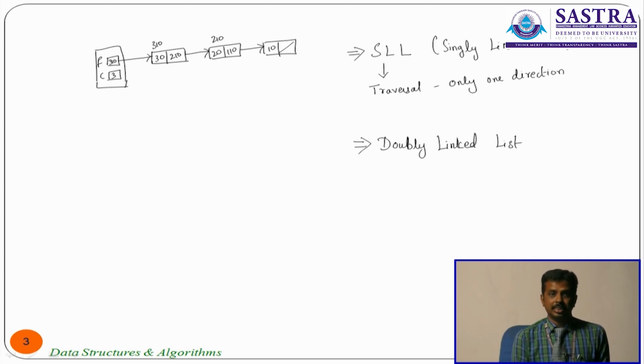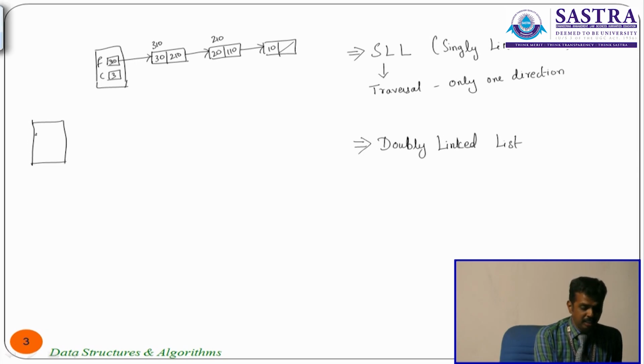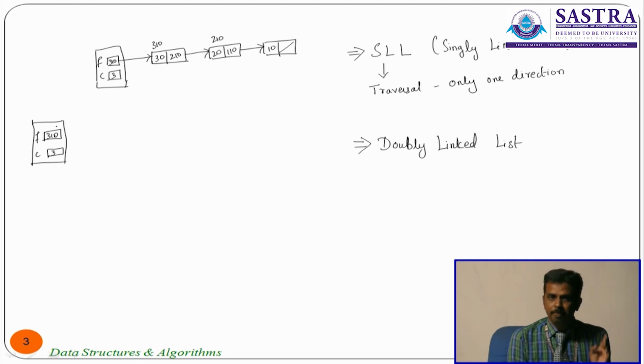So, we will see the structure of the doubly linked list. Again the same, the list contains two pieces of information, the address of the first node and then the count. There is no change in that. Then 3, 3, 10 like that. But here the change is in each and every node.